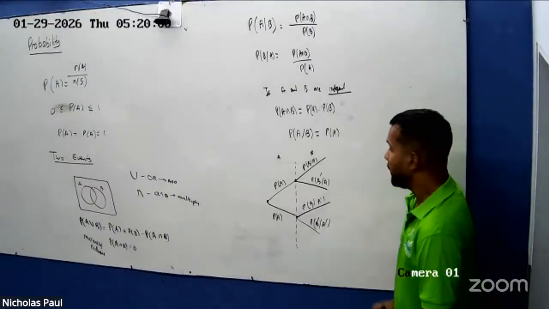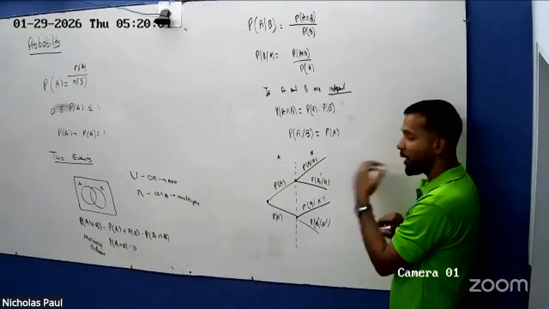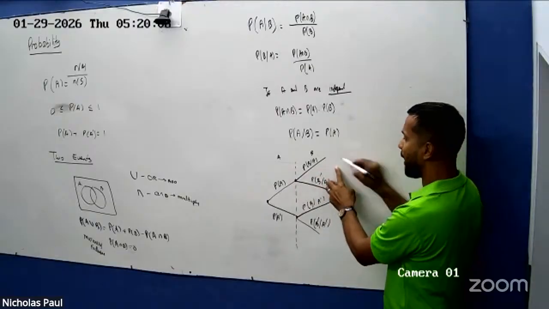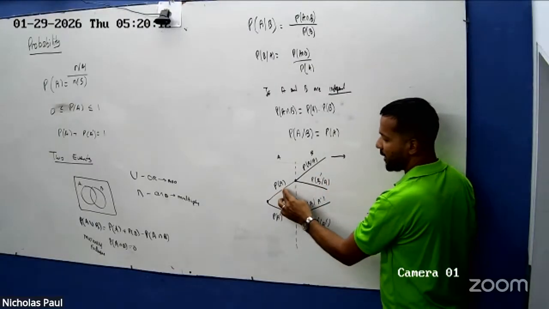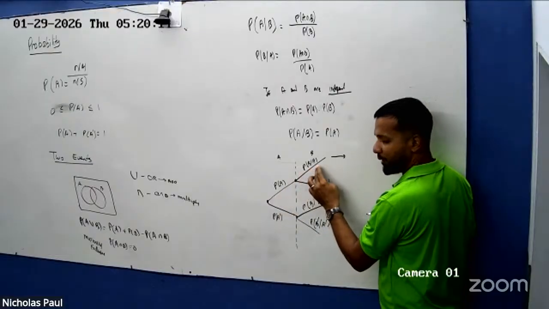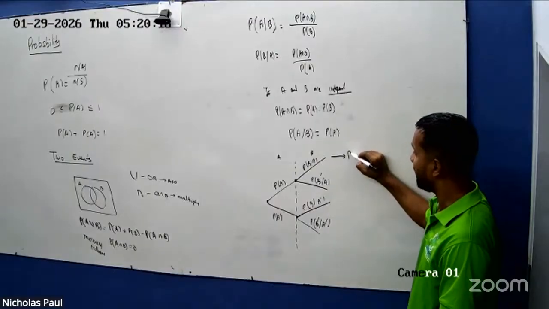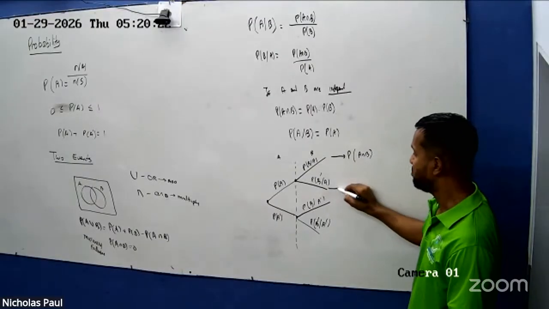So everything here shows you conditional probability. What would happen if you multiply along a branch? The probability of A by the probability of B given A. Very good. Probability of A and B. What's this one here?